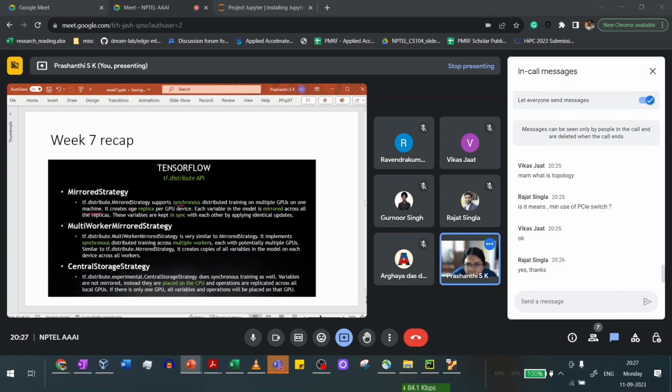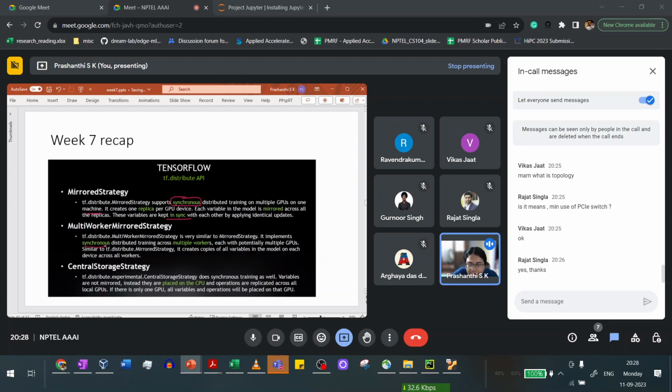Notice that. It creates one replica per GPU device. Every variable is mirrored across the replicas. So these are kept in sync, obviously, because this is synchronous. It has to do that. Next one, multi-worker mirrored strategy. Again, this is very similar to mirrored strategy.